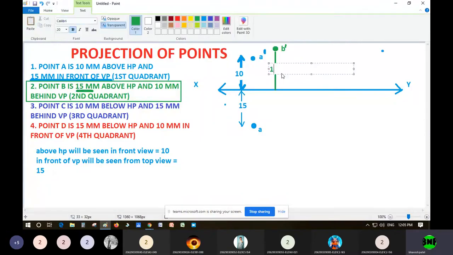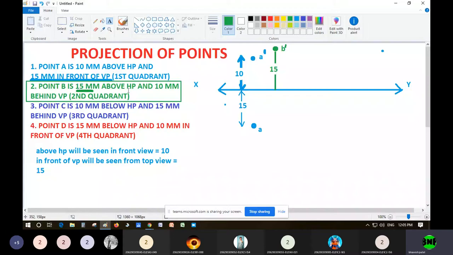Now look at the other thing. Another is given: 10 mm behind VP. In the same sum, it is 10 mm behind VP. See clearly, 10 mm behind VP. So behind VP, the shadow will fall on the HP, and that HP is behind the XY line. It will be rotated upside, so that shadow will fall on the same side of the XY line, right? So you have to denote it. It will be nearly here, 10 mm.